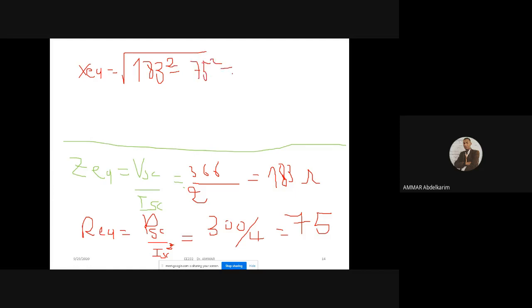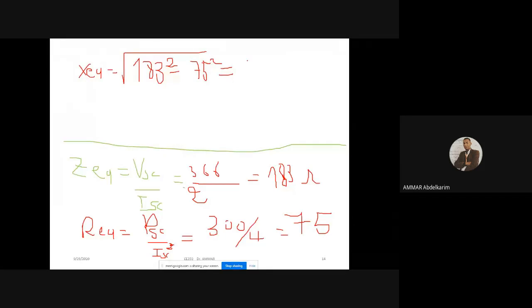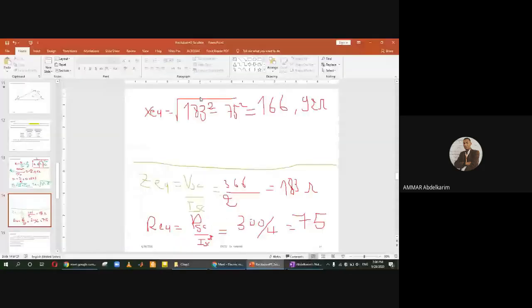Let's calculate it: 138 square minus 75 square, square root. So it's 166.92. Is it clear? Okay, so those are the parameters.